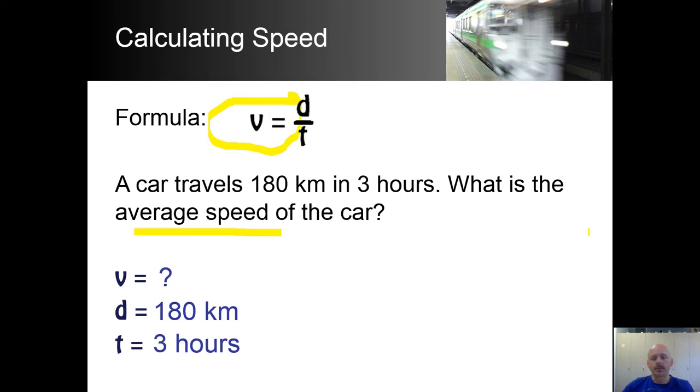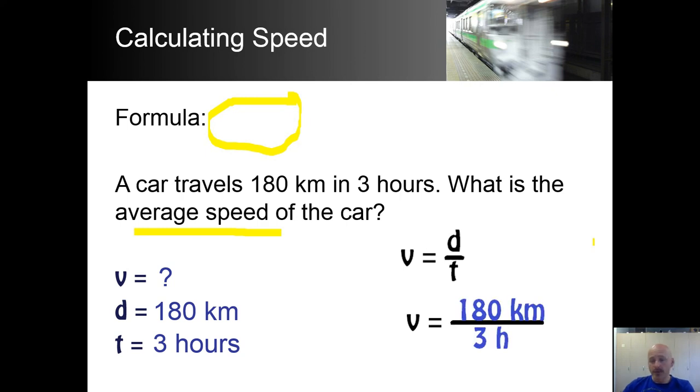So all we need to do now is take our formula and plug our numbers into it. v equals d over t, or v equals 180 kilometers over 3 hours. You divide those and you get 60 kilometers per hour. It's as easy as that.